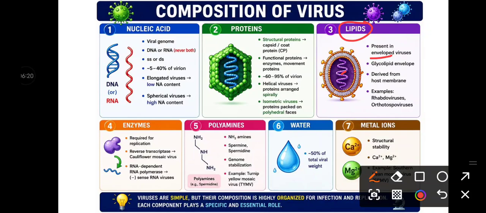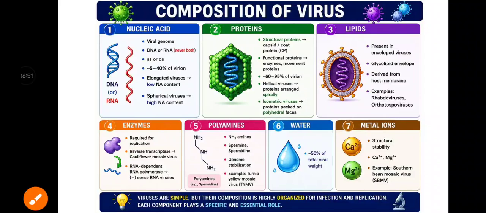Only in the enveloped virus is lipid present. Because virus can't synthesize lipid, where is it derived from? It is derived from the host membrane. Examples of viruses containing lipid, that are enveloped, are rhabdovirus and orthotospovirus. Remember, this is also very important: lipid derived from the host membrane, and the examples are rhabdo and orthotospovirus.